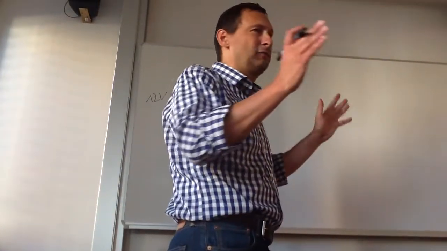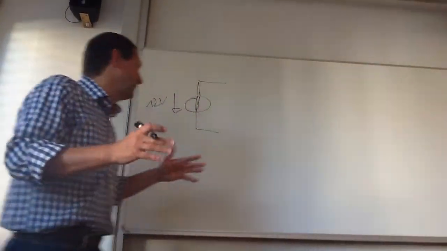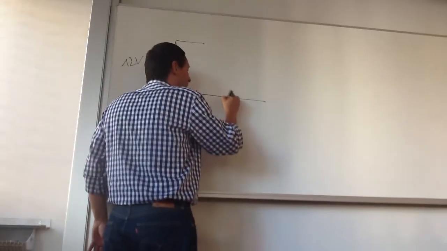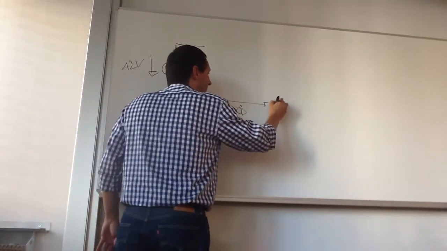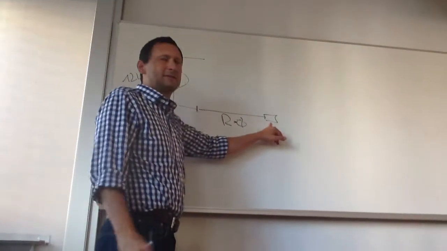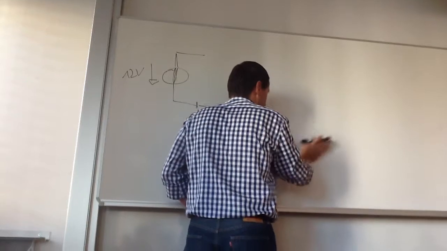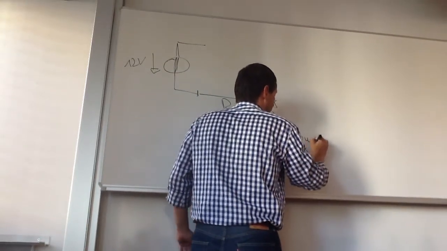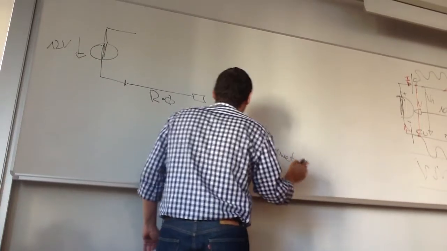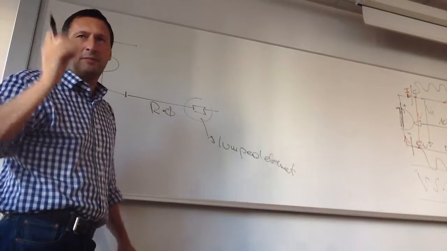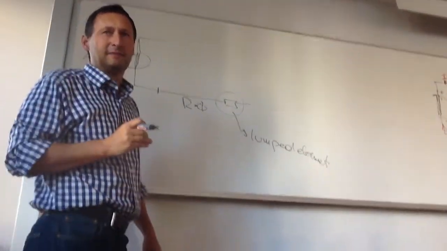Now, the physical wire is abstracted by an ideal wire that has no resistance and a lumped element. This is called a lumped element. And this summarizes all the properties of the physical wire.